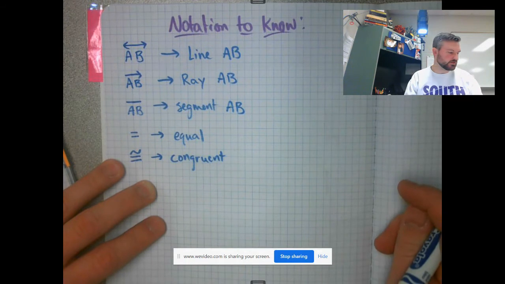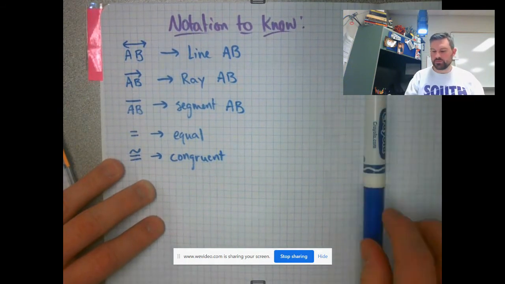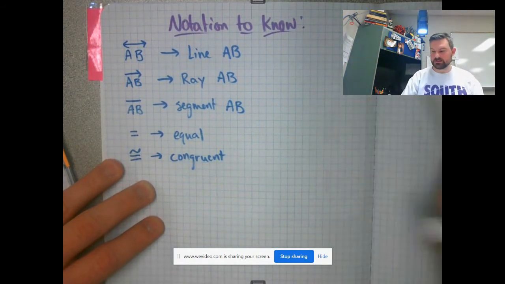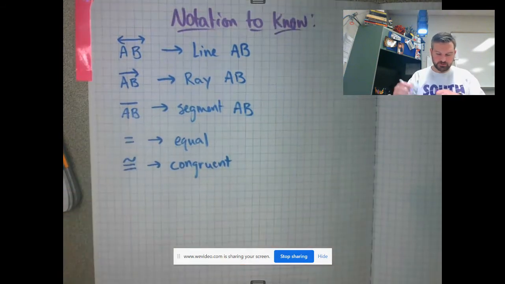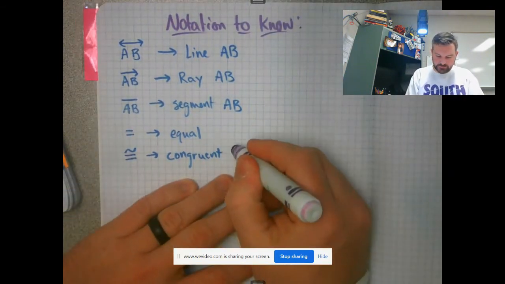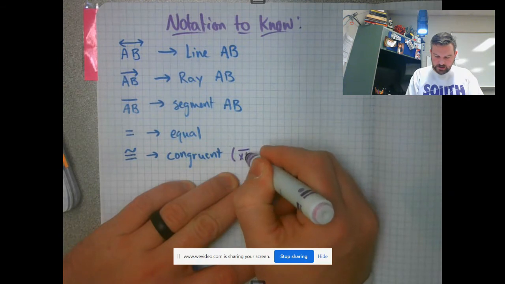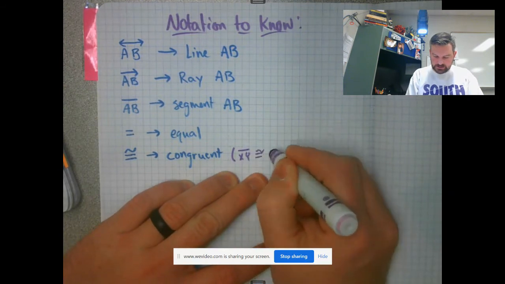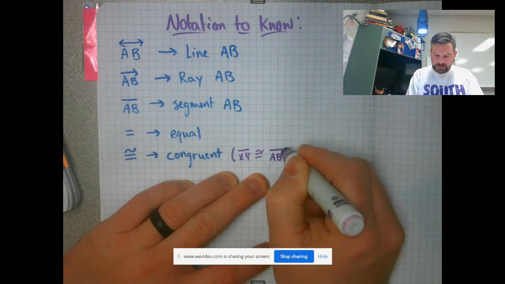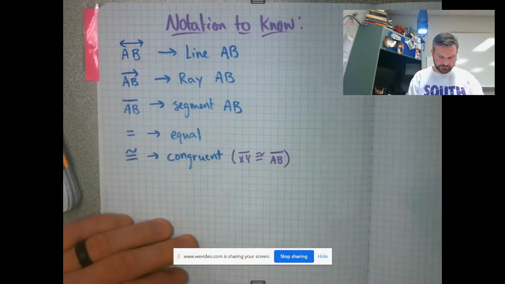Okay, if two things are congruent, that means they are the exact same measure. Okay, so we might write something like segment XY is congruent to segment AB. Okay, that's how we could use that one.